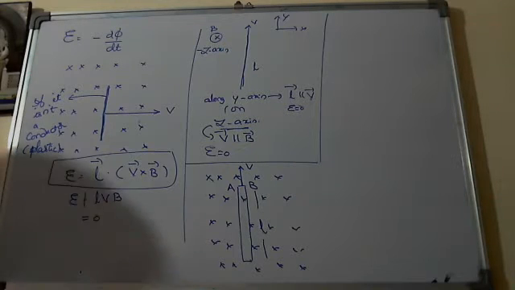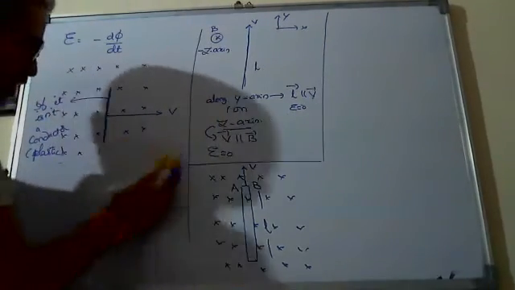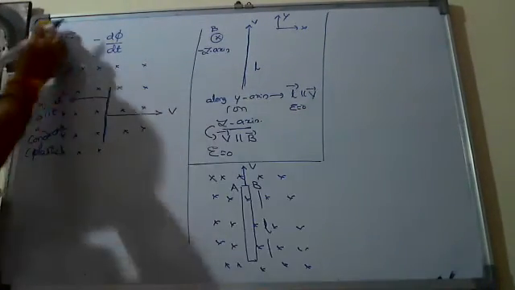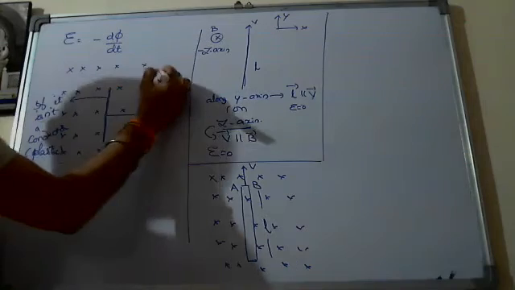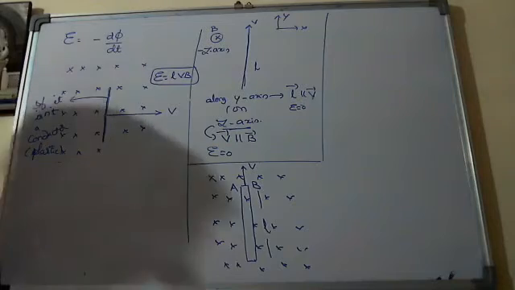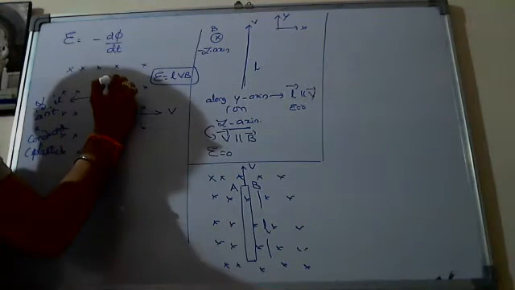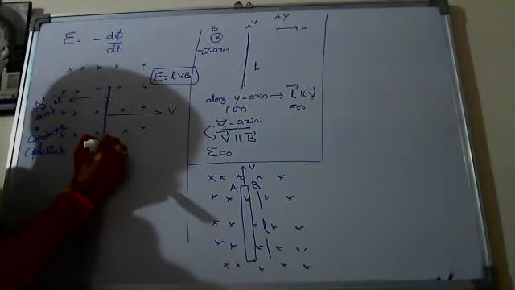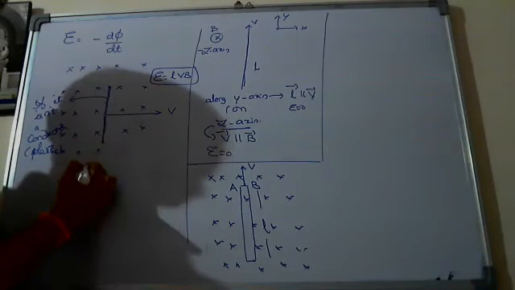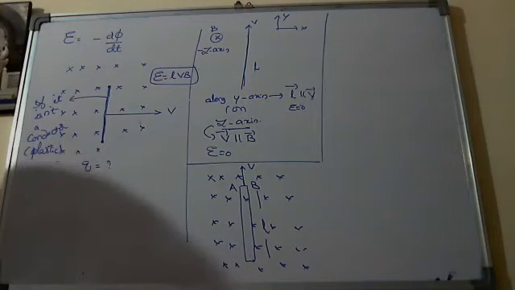Even in this question also, whatever you know, E equals BLV, the EMF induced is equal to LVB, since all the three are mutually perpendicular to each other. If I ask what will be the charges at the two ends in the saturation state, what do you say? 0 on both sides.